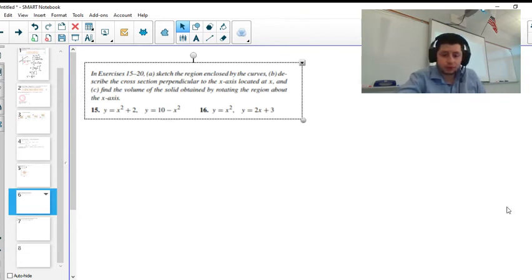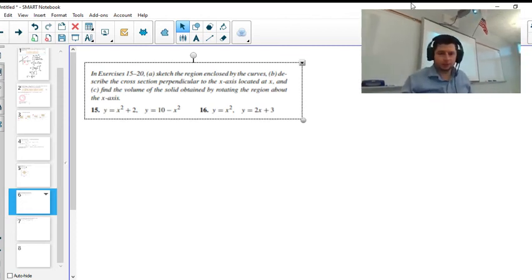The other example that I wanted to go through was: sketch the region enclosed by the curves, describe the cross-section perpendicular to the x-axis located at x, and find the volume of the solid obtained by rotating the region about that.